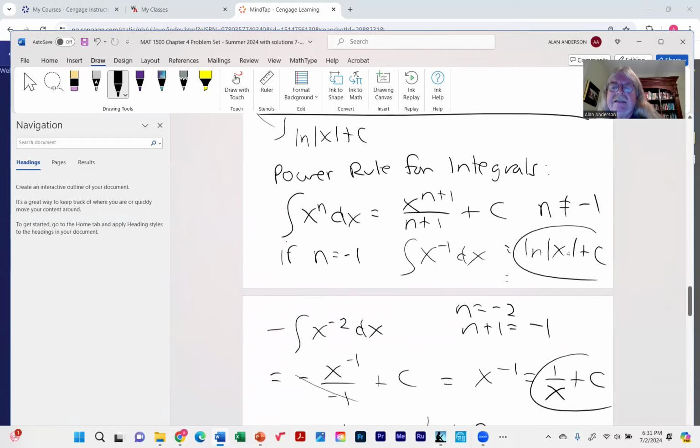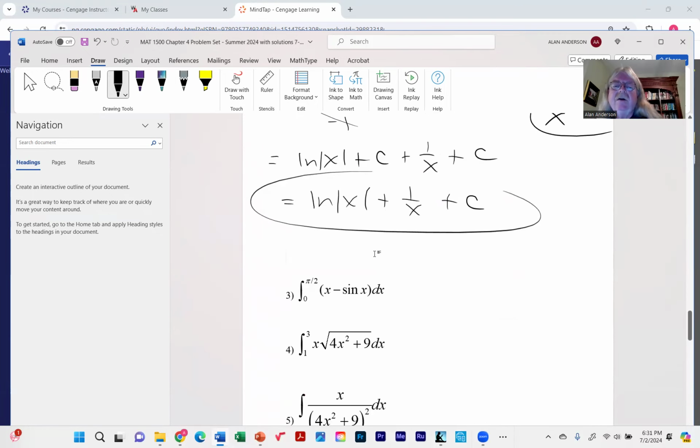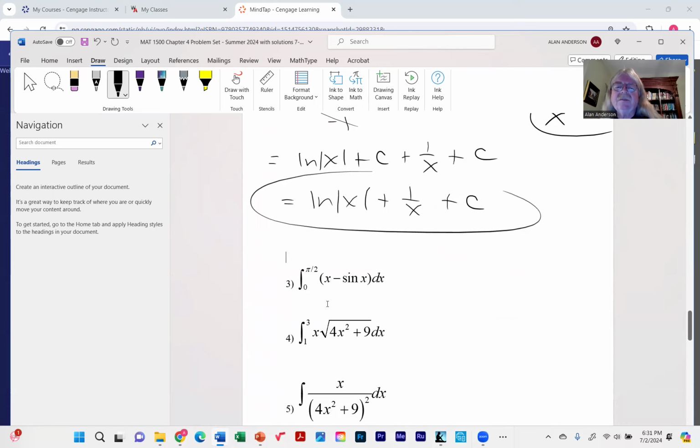Okay. So now, oh boy, now this one's a little challenging because we've got trig functions and it's a definite integral, meaning we're going to need to solve it for a specific value. So let's break this up.